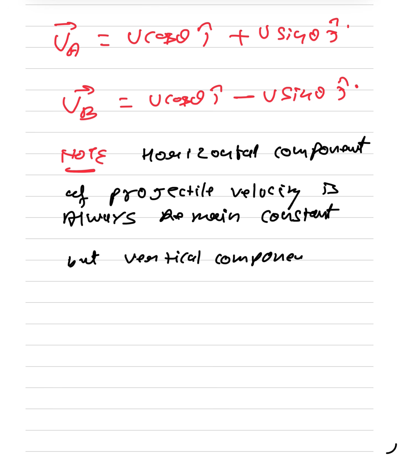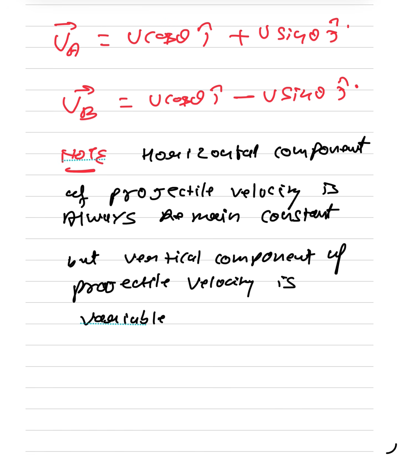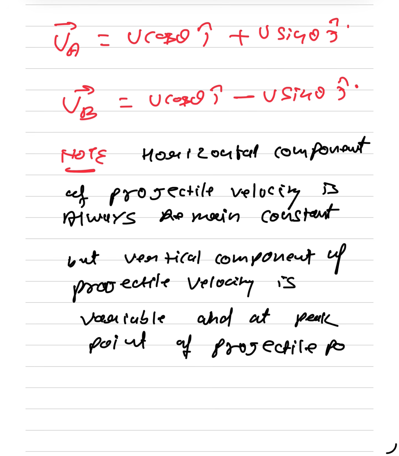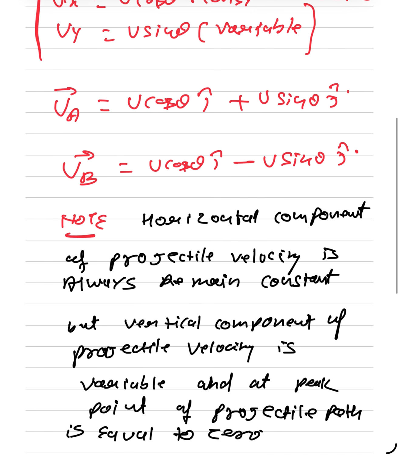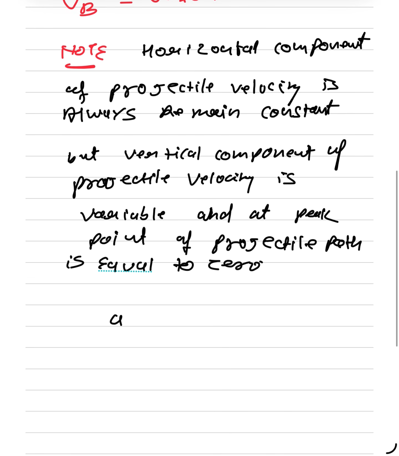But the vertical component of projectile velocity is variable, and at the peak point of the projectile path it is equal to 0, right.